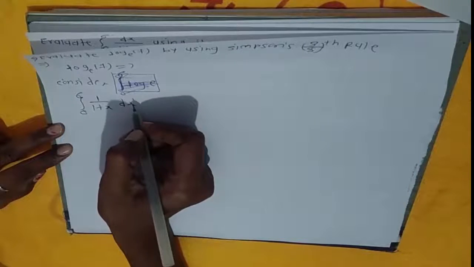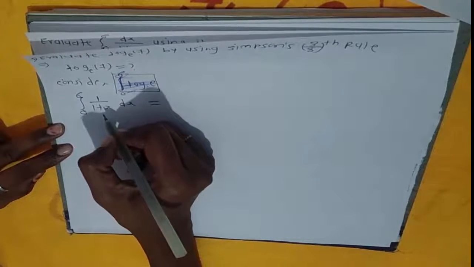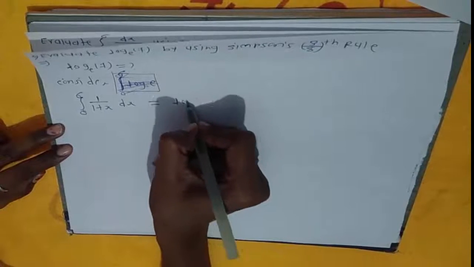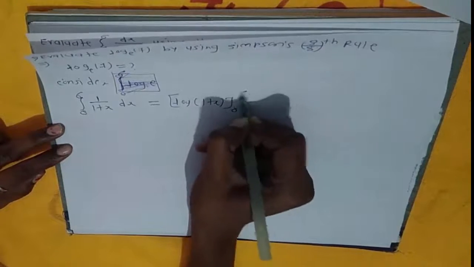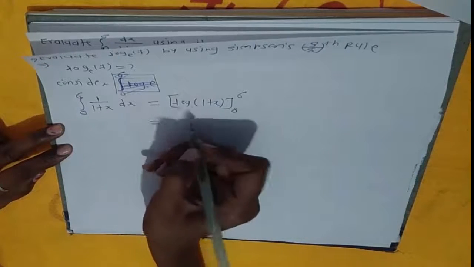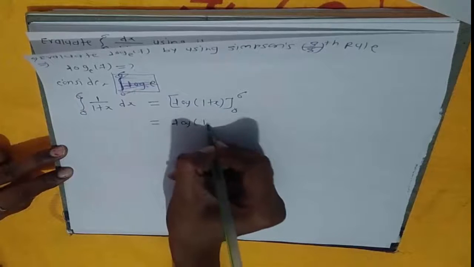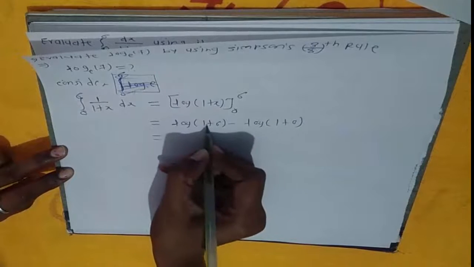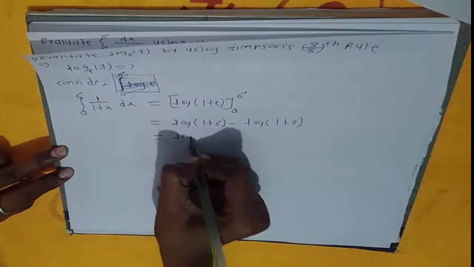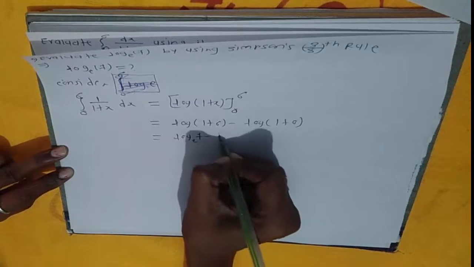If we take this integration, the integral of 1 upon 1 plus x is log of 1 plus x with limits from 0 to 6. Putting in the limits, we get log of 1 plus 6 minus log of 1 plus 0, which is log 7 to the base e minus log 1.